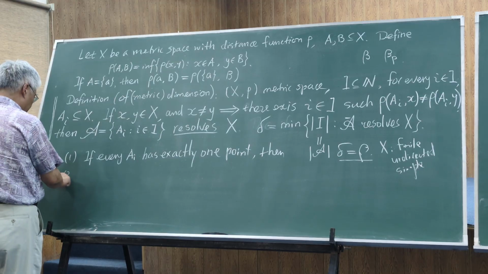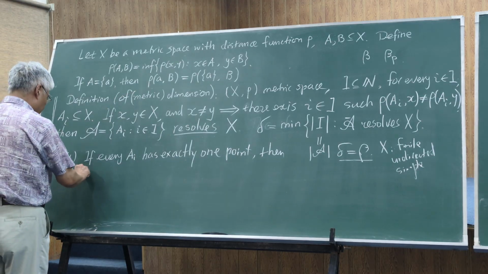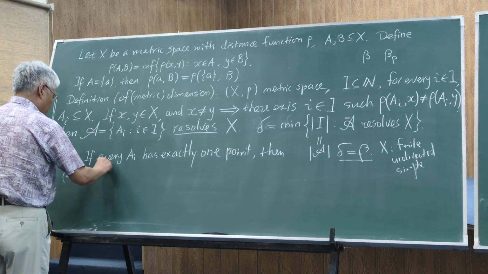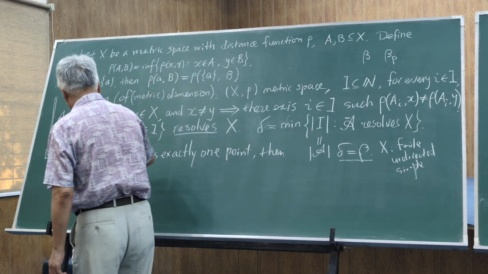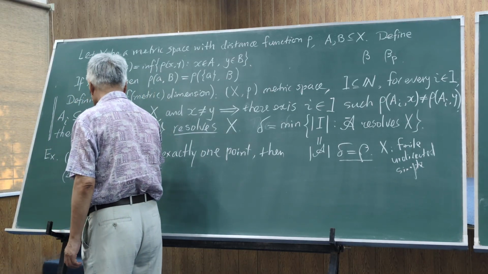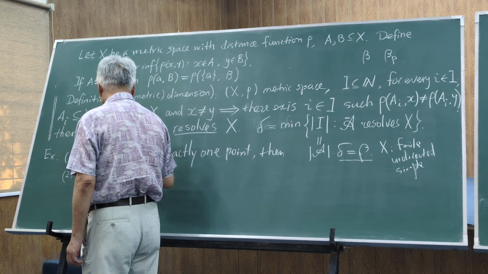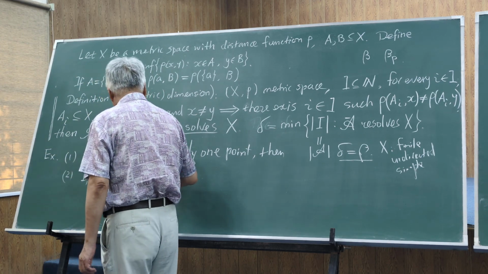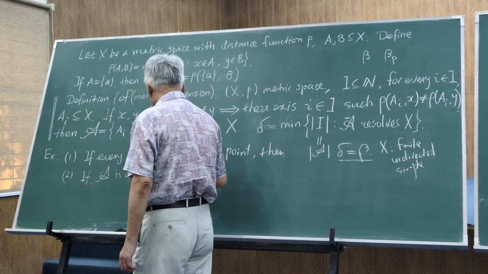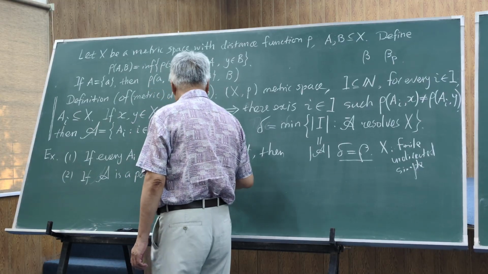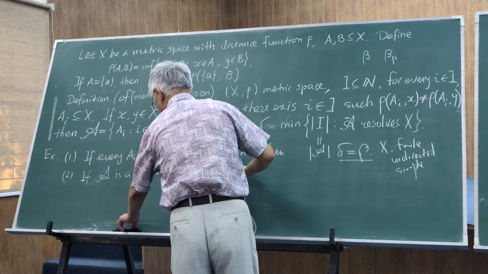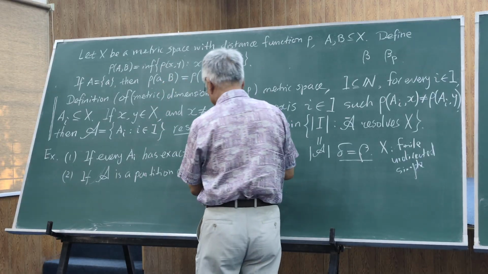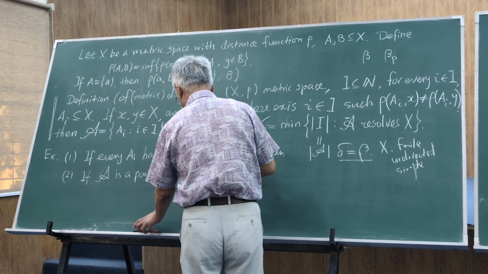Secondly, the partition dimension, beta sub p. If this curly script I, A, is a partition of X, and X is a finite undirected single graph, because the partition dimension is only done for finite undirected single graphs and some infinite graphs.